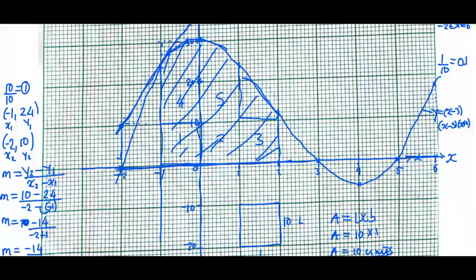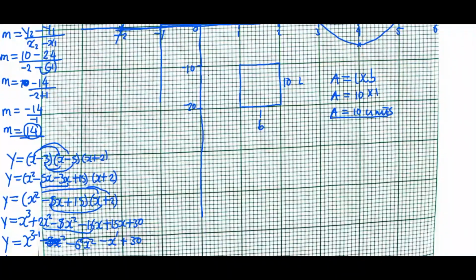Since these are estimations, we'll just use it. So we'll consider we have 1, 2, 3, 4, 5, 6, 7. So now total area is equal to 7 times 10 units squared. So our approximate area is 70 units squared.